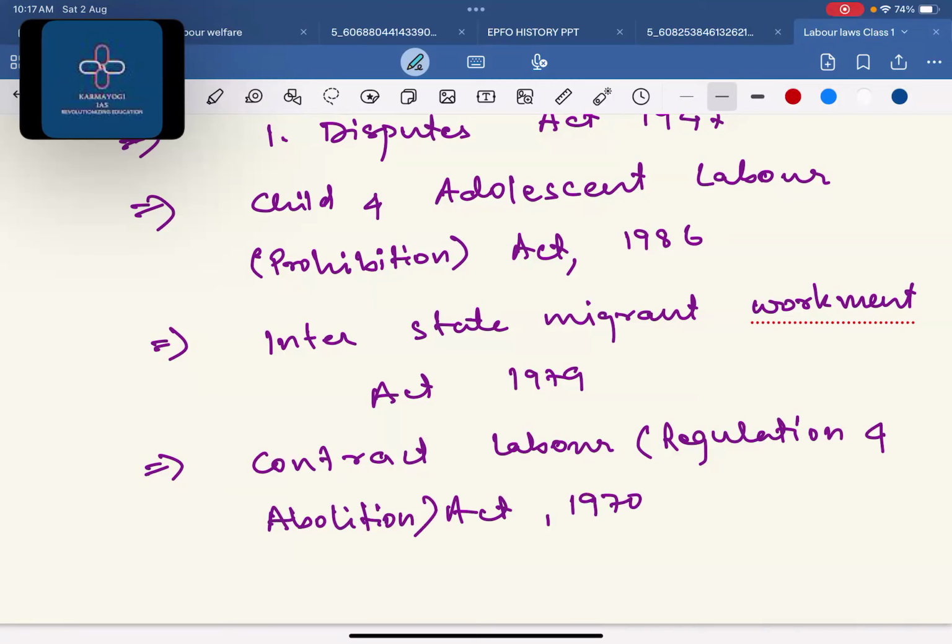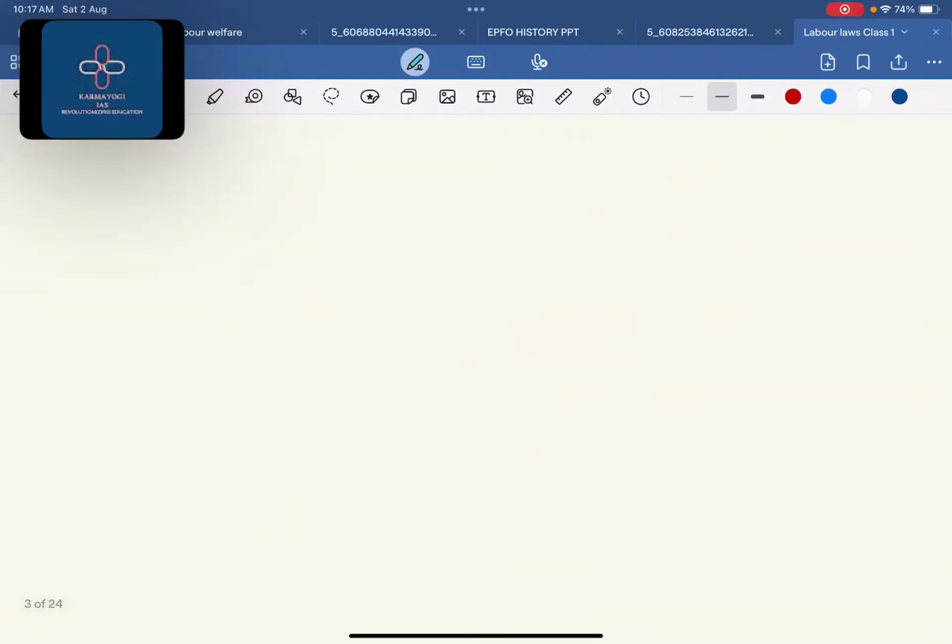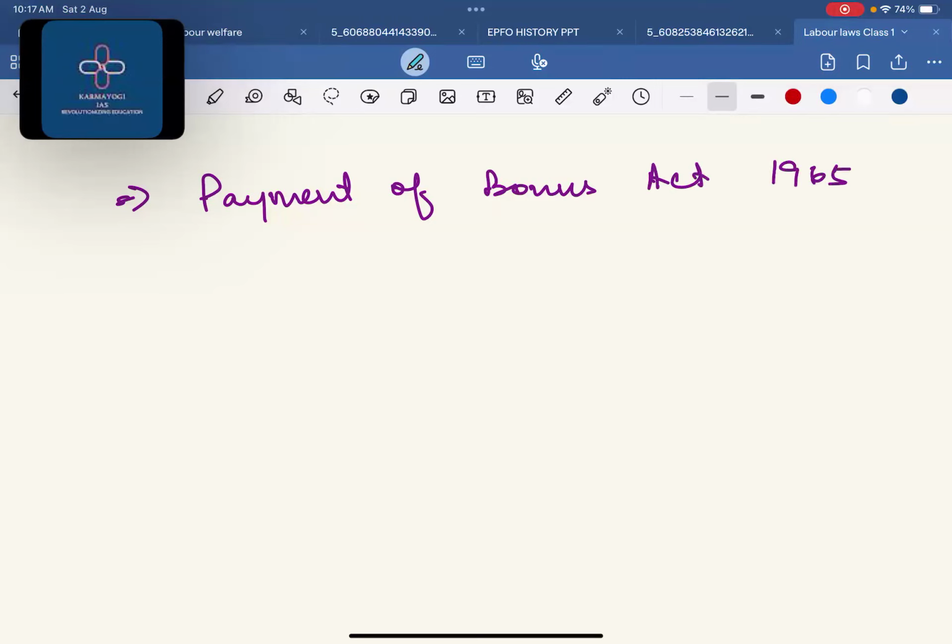After this, I think three major acts remain which we have to discuss. That is the Payment of Bonus Act 1965. Then comes the Building and Other Construction Workers Act 1996.